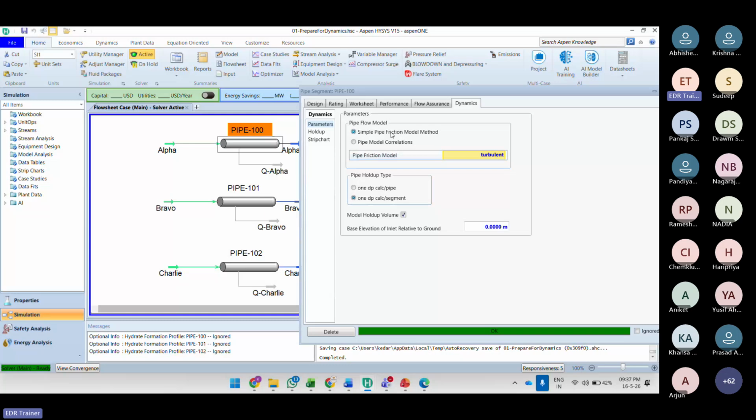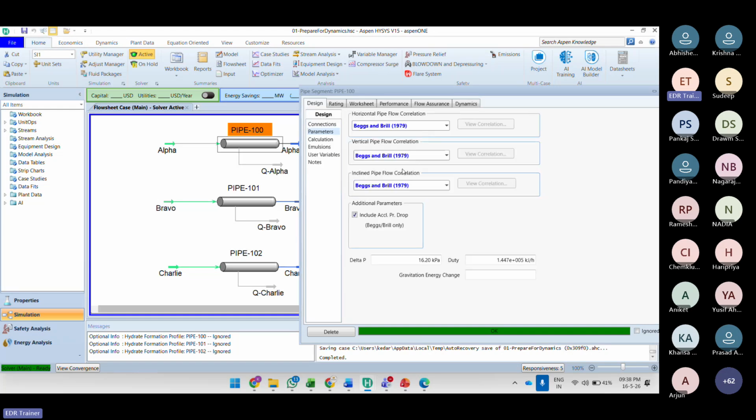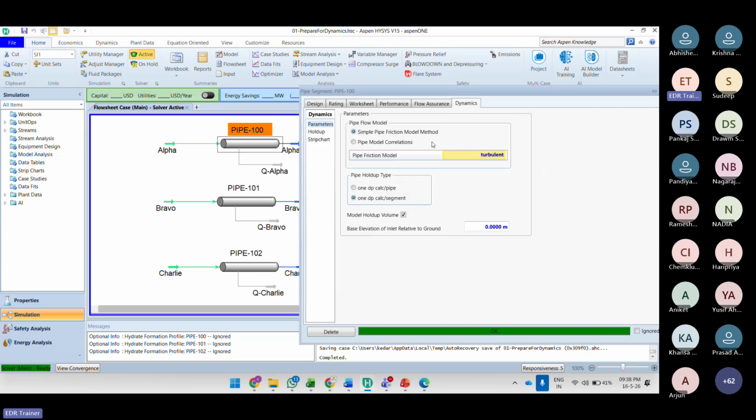The simple pipe friction model has been assumed. The simple pipe friction model again follows the K relationship, the resistance relationship. But if you want to use a pipe model correction, you can also use that. These Beggs and Brill and all those correlations which are used to calculate the pressure drop can be utilized here in the dynamic simulation.